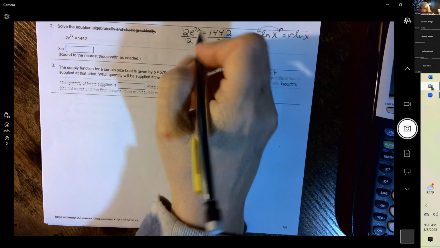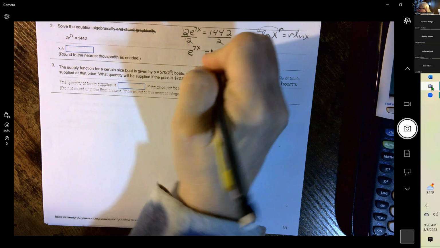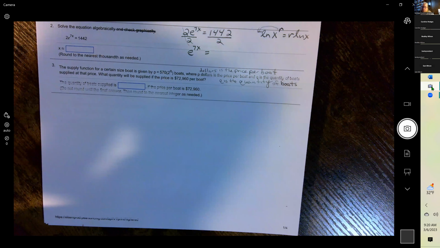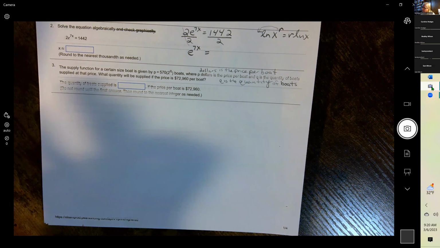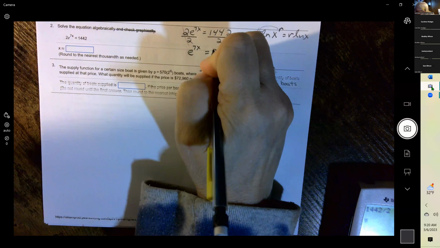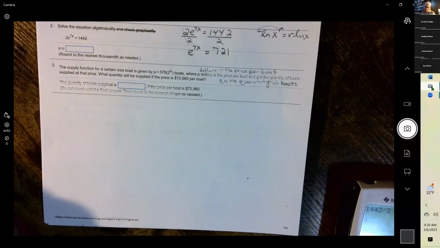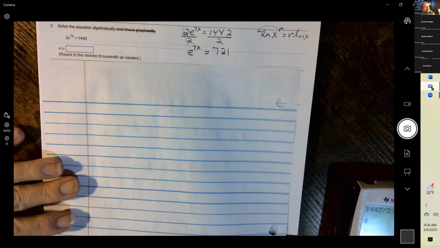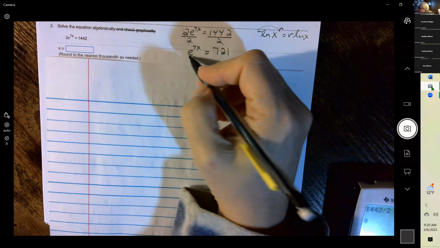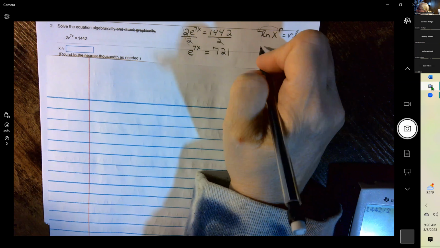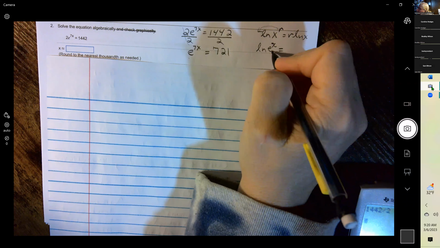So if we divide both sides by 2, we have e to the 7x equals 721. To get rid of the exponential function, since this is an e, it's even nicer than this one. e to any variable, the exponentials cancel.